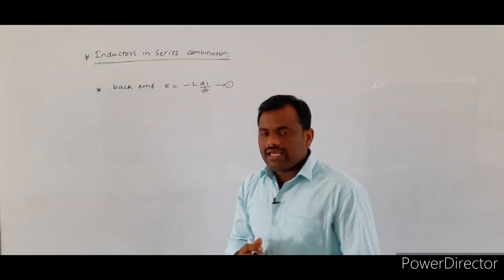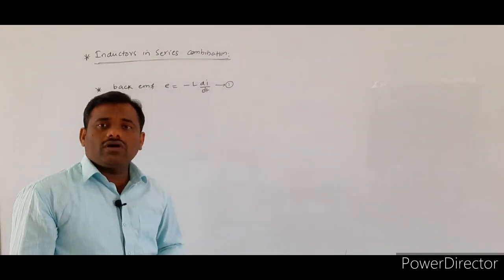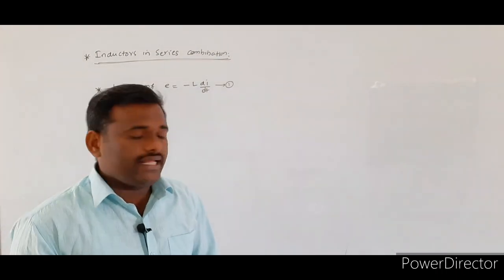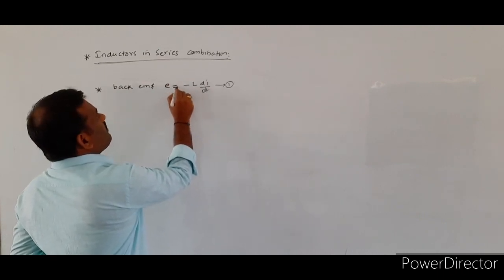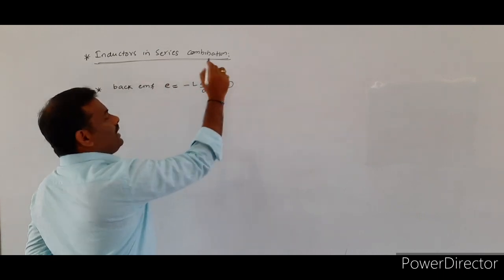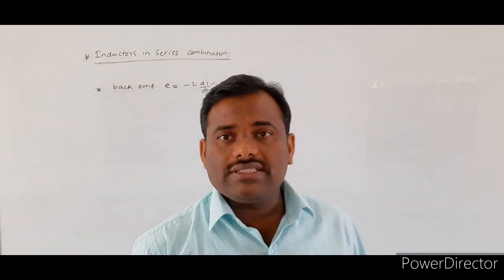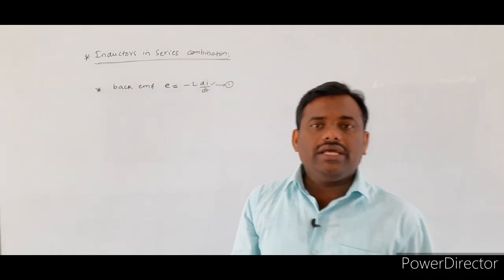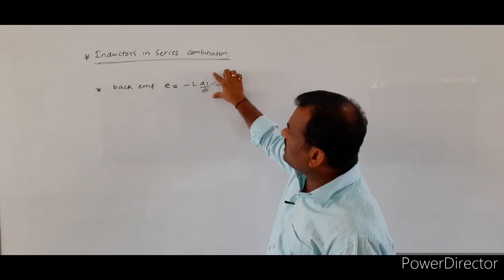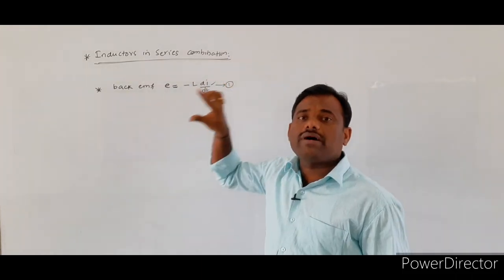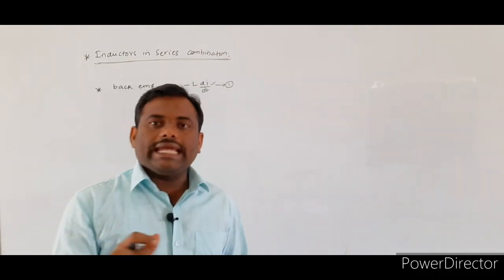What does the negative sign indicate? It indicates that this induced EMF opposes the change in electrical current passing through the given solenoid. That is the significance of the negative sign.